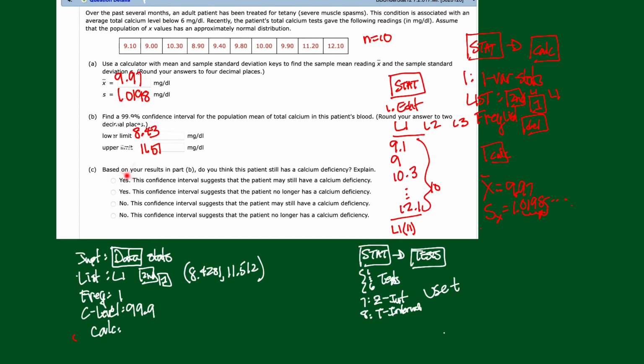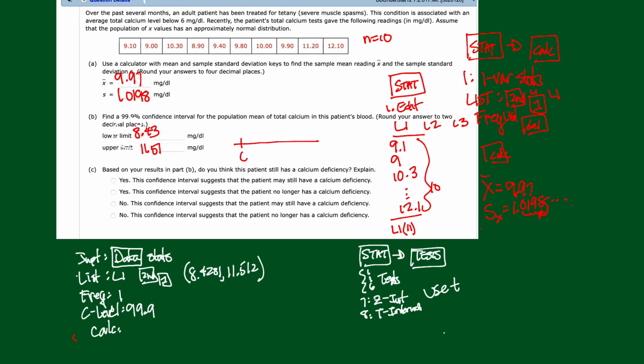Now, Part C says, based on your results of Part B, based on our confidence interval, we're 99.9% sure we've captured this patient's true calcium level. So we think this interval captures it. And the problem results when it's below 6.